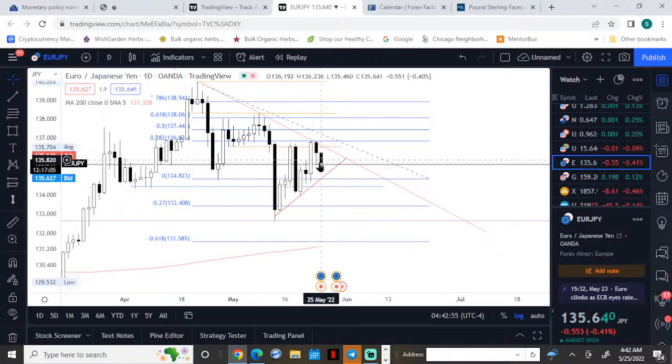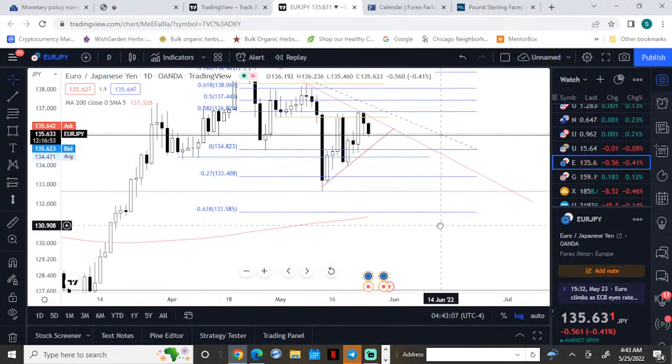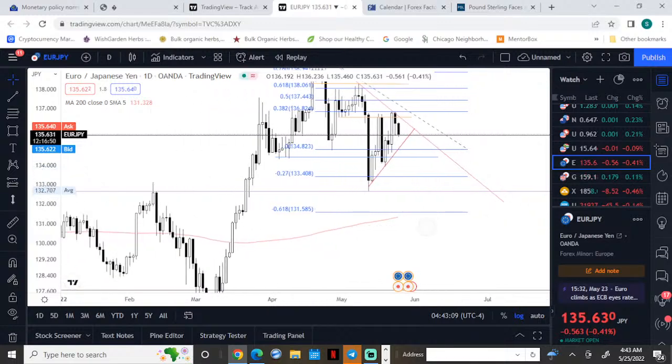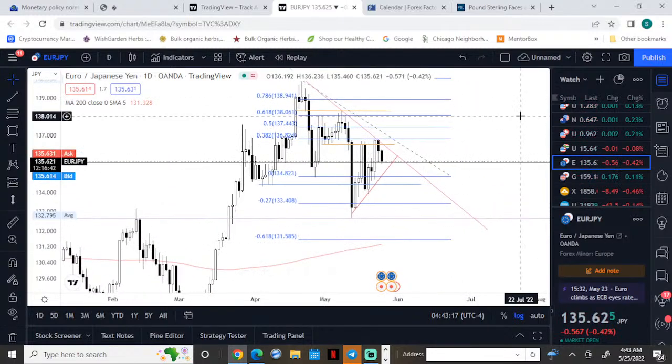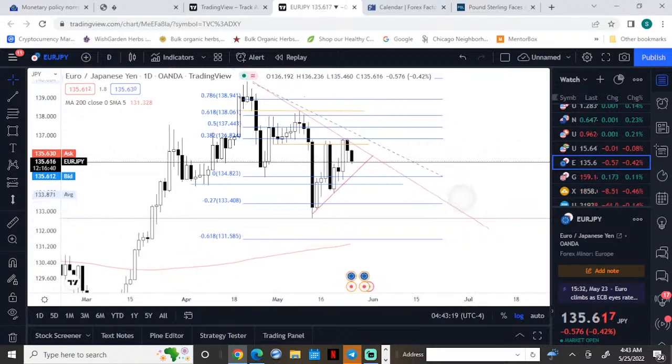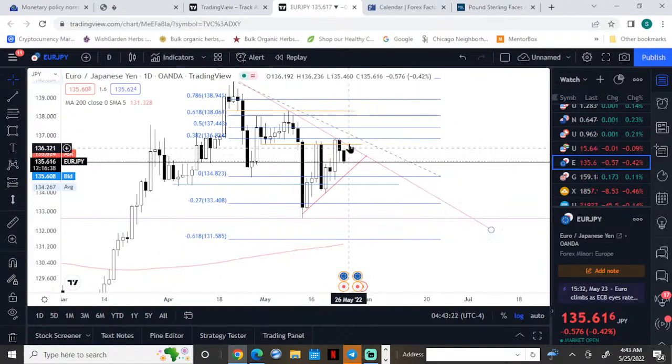But price could easily break this trend line, retest it, and then go lower. We do have the 200 MA below. Price broke the 200 MA and never came down to retest it before going higher. So we could be getting a 200 moving average retest, or price could break this trend line and continue higher.